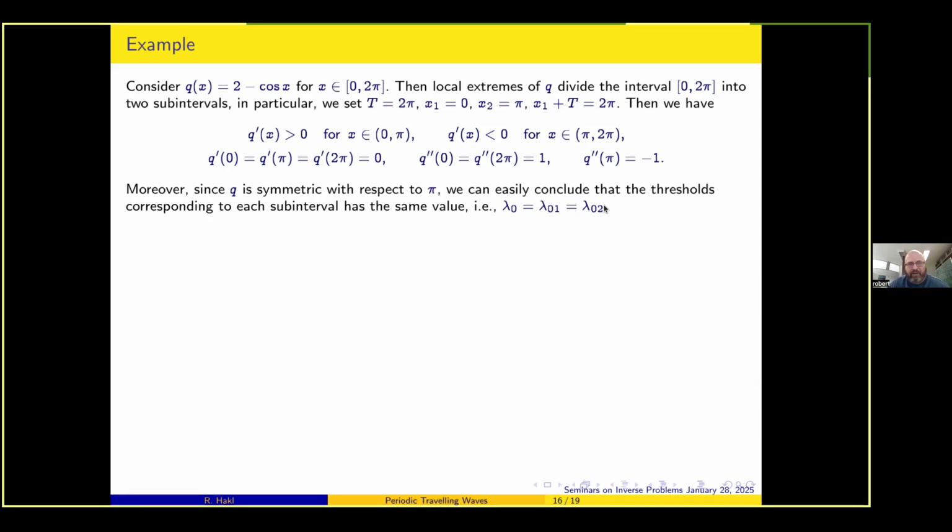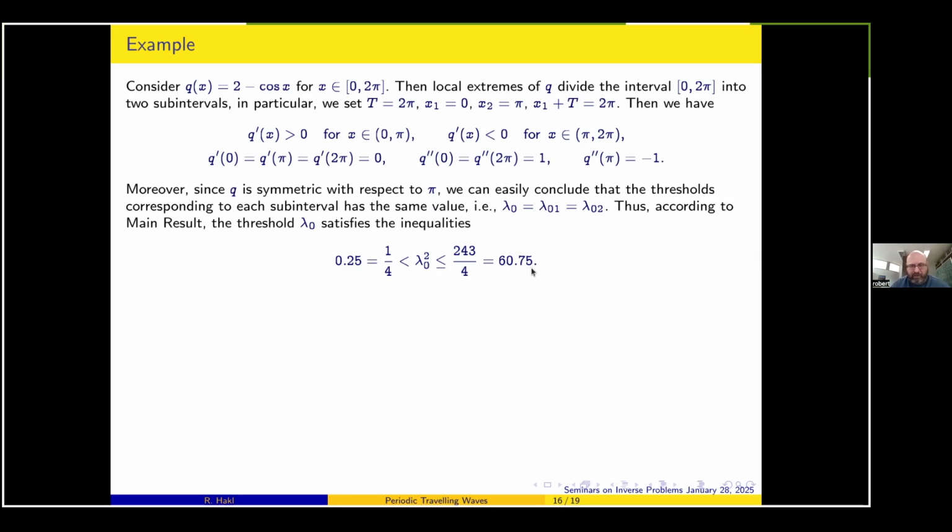So it is sufficient to find or estimate one threshold on the interval 0 to pi, for example. If we use the estimate of the main result, we get a very large region: 0.25 from below, and from above it is 60.75.